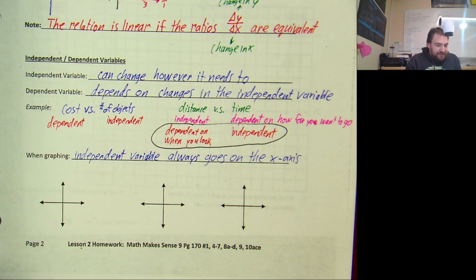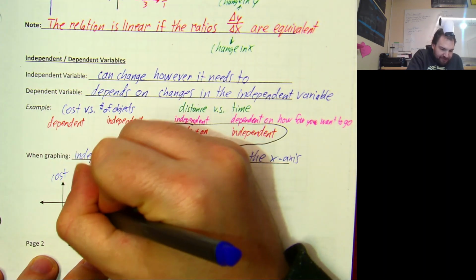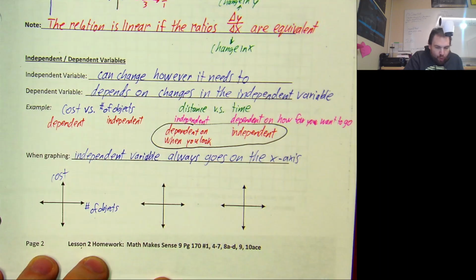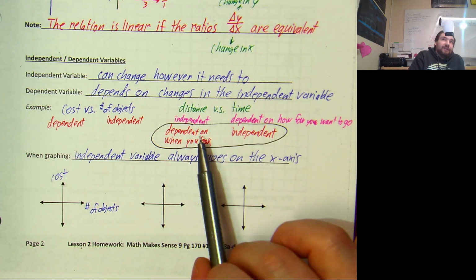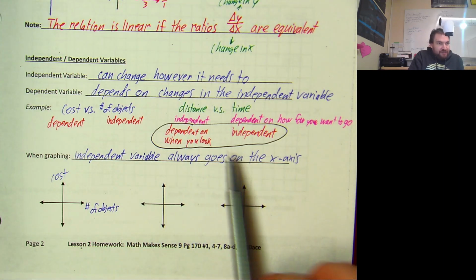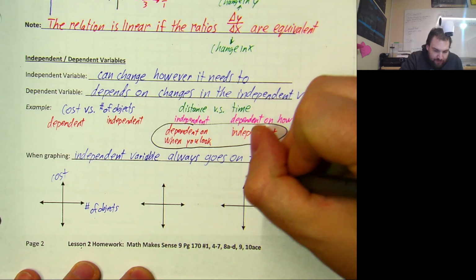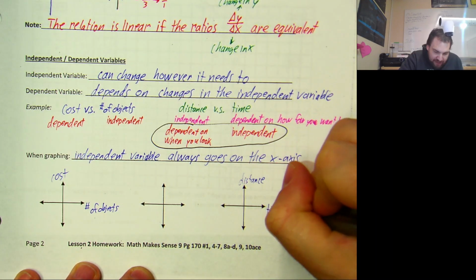So for these examples here, we would have things like cost up here, and the number of objects down here. Or in this example, let's do it on the end one here. The example I gave you with distance versus time, where I took Carolyn's example and swapped it, we would say this one would be distance, this one would be time.